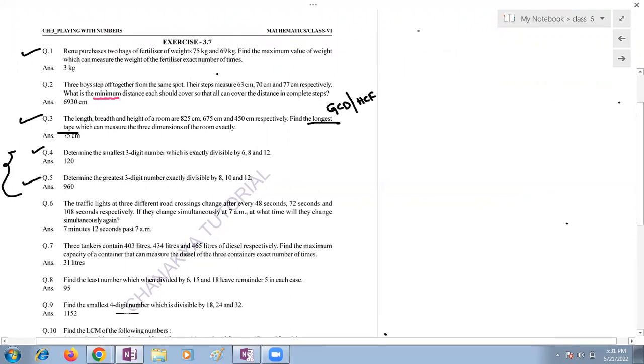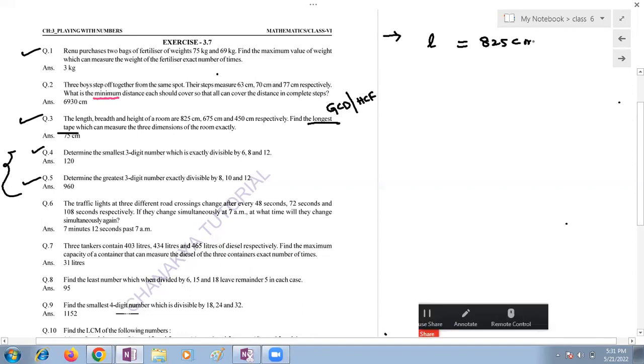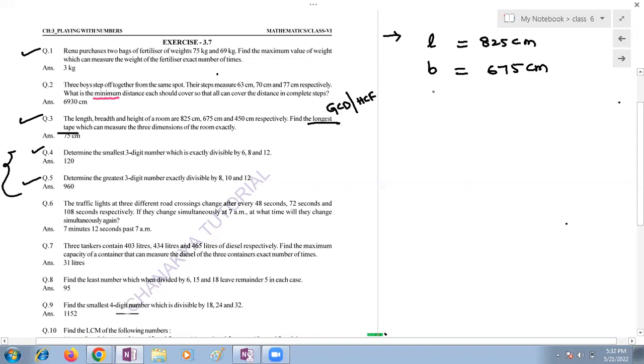Come on, children. First step. What is the statement you have to write here? The length of the room equals 825 centimeter. Breadth equals 675. Height equals 450 centimeters.